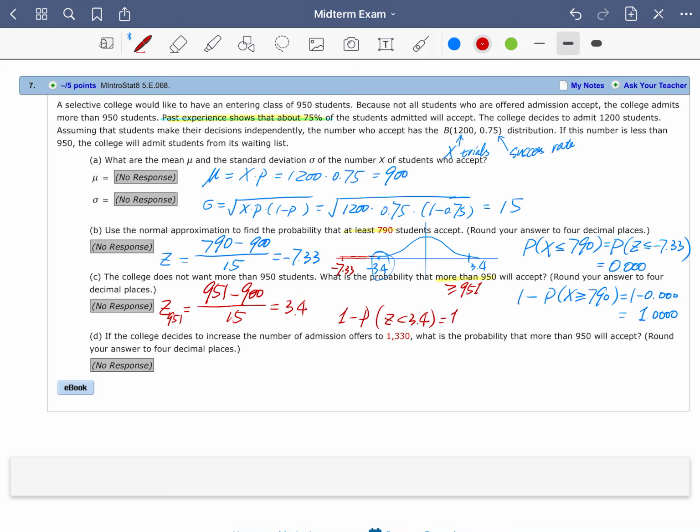So we use 1 subtract the probability of the z-score less than 3.4. You look at the z-table, which is 0.9997. So the answer is 0.0003.